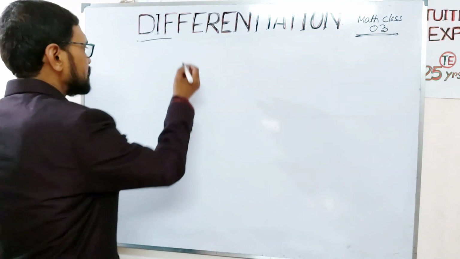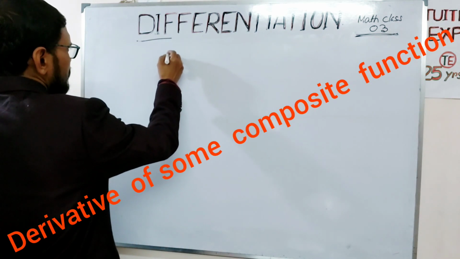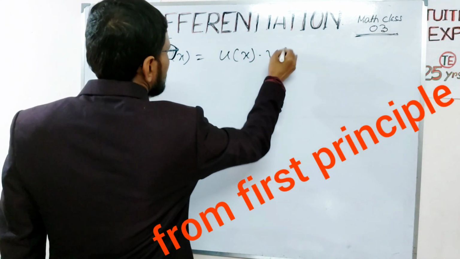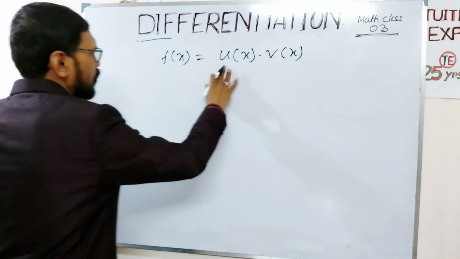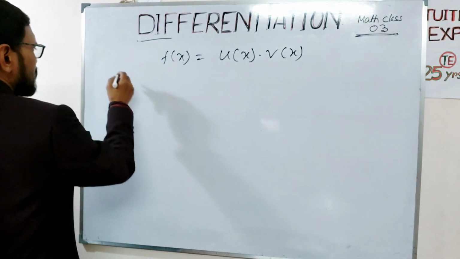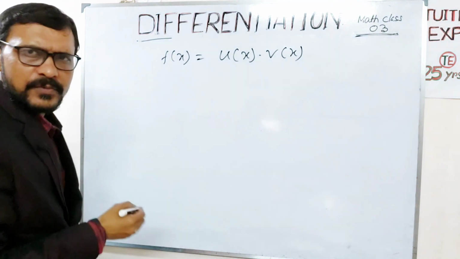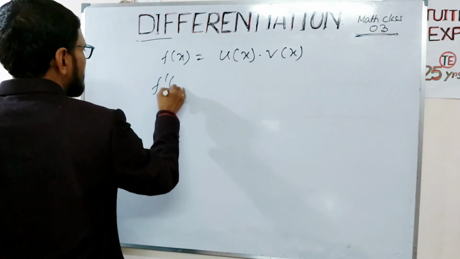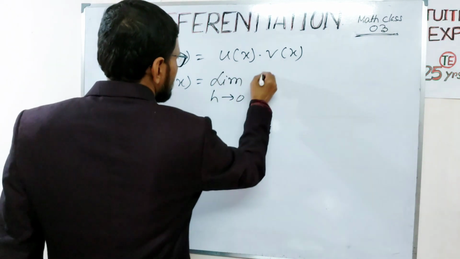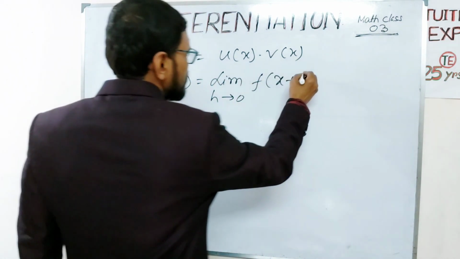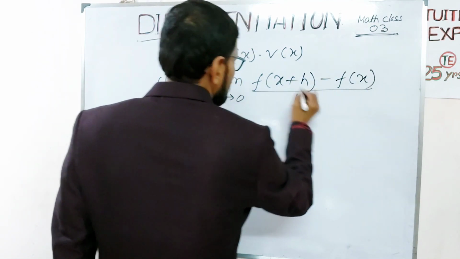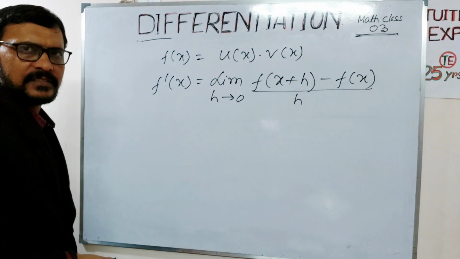So first, suppose UV rule. What is the formula of UV rule? We'll find it from first principle. To use first principle, we use the formula f dash x equal to limit h tends to 0 of f of x plus h minus f of x by h.